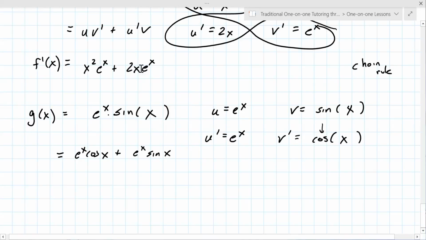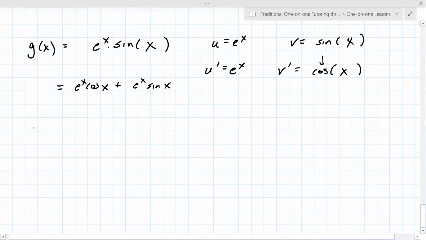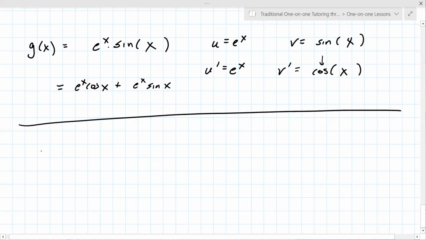Okay, so that's the product rule, and I'm sure you've covered the quotient rule. That's another one you're going to see in this exam. So let's say y equals 3x squared over tangent x. You do the same thing, you create a u and you create a v.